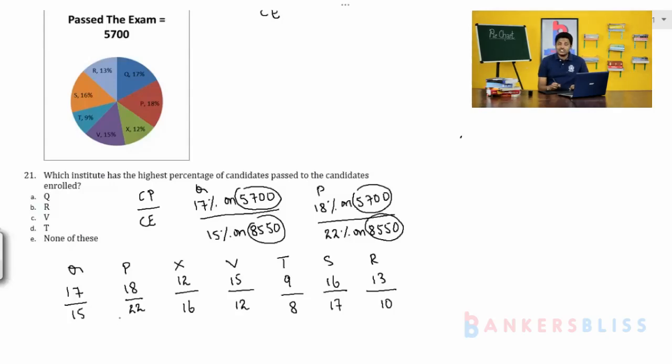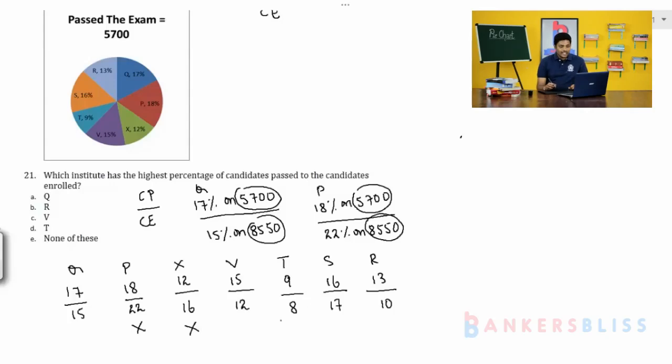So Q is more than 100%, but P is less than 100%, so you can neglect P. Next, X, again numerator is less than the denominator, the value is less than 100%, you can neglect X. Next, V, 15 is more than the denominator, so again it is more than 100%, so let us take this for consideration.